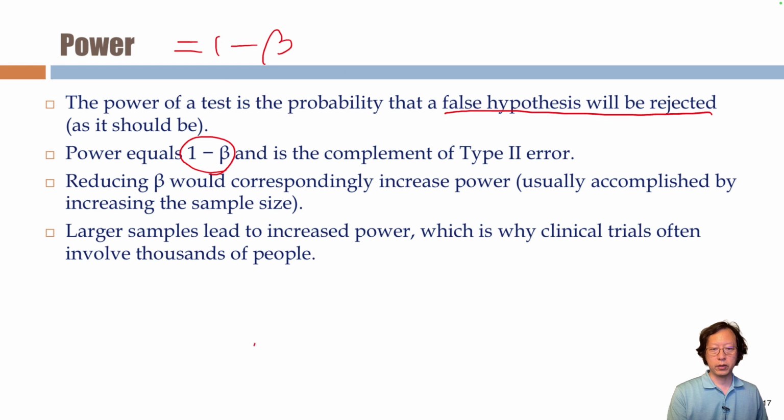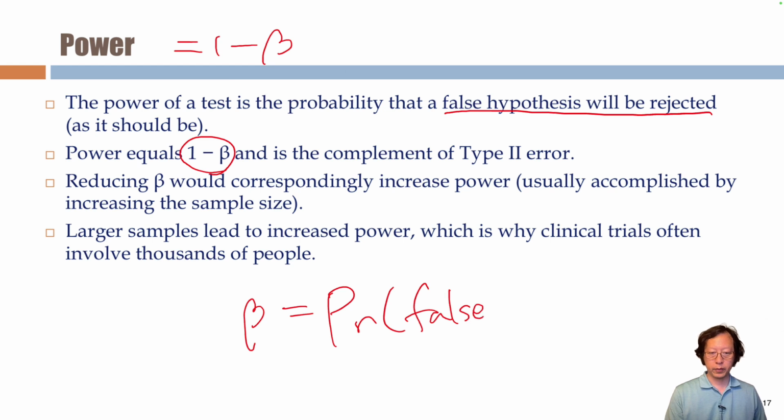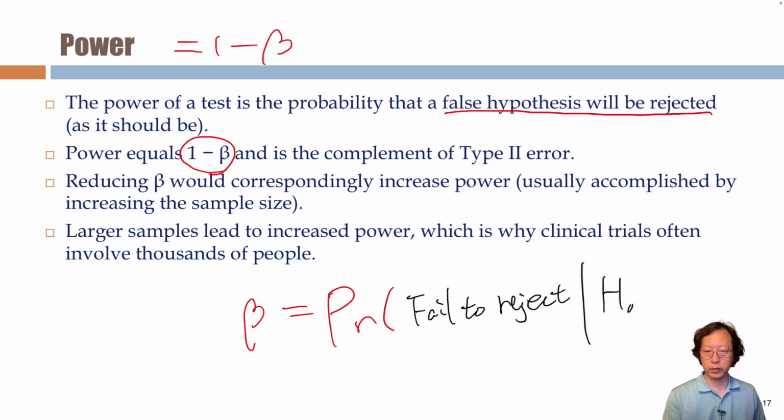Here beta is the probability of failing to reject given that the null hypothesis is false.